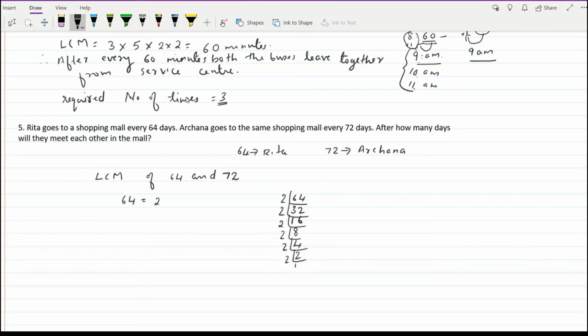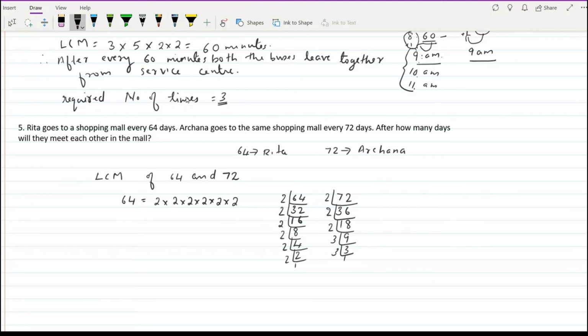Now 72: 2 times 36, again 2 times 18, again 2 times 9, then 3 times 3, and 3 times 1.